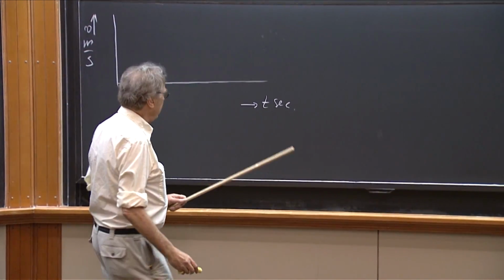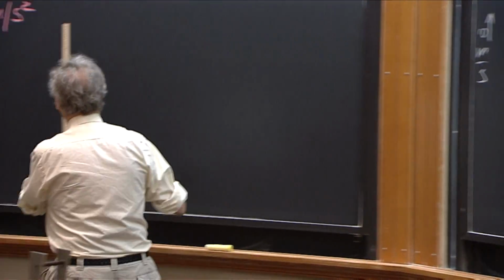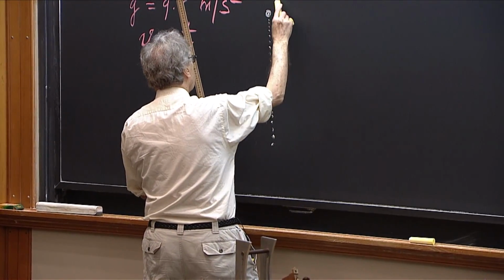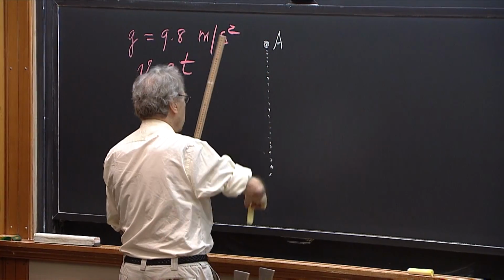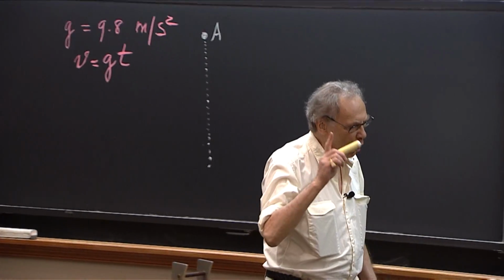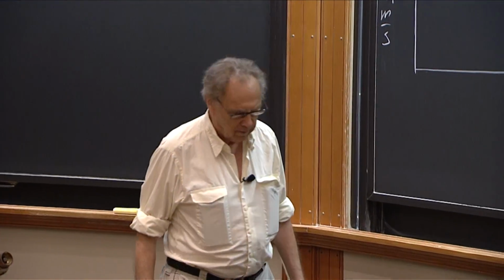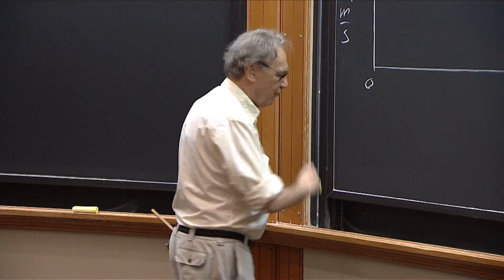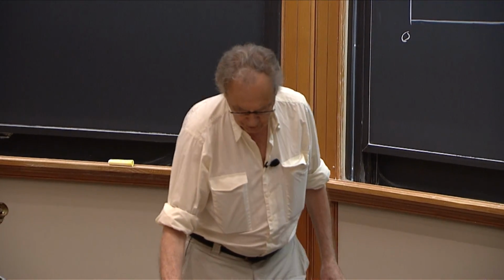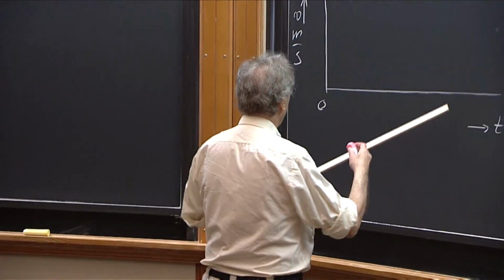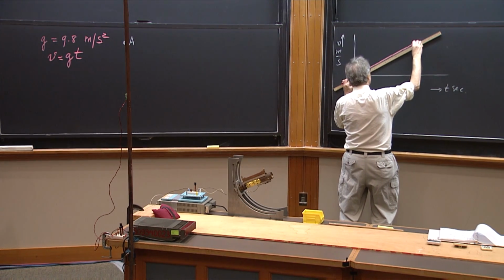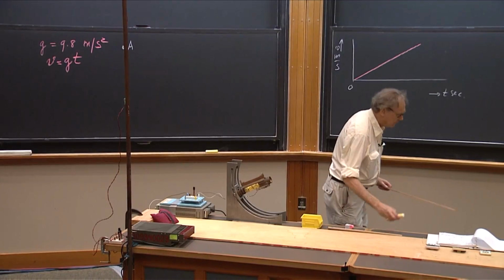So if I drop an object from point A, and it's falling down, and I give it no initial speed, then it will follow the following curve. It will be a straight line. The velocity in the beginning is 0, and every second it will increase by 9.8 meters per second.